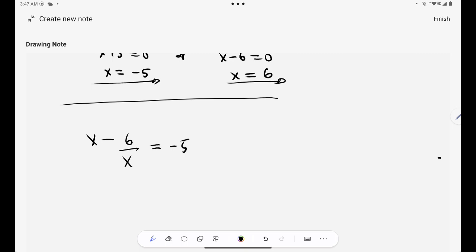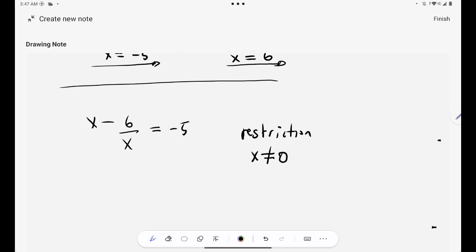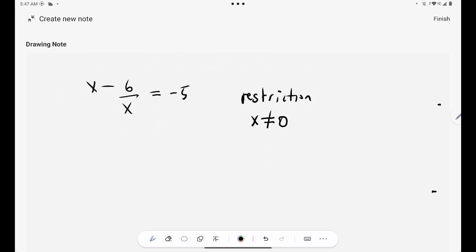So in my case, my denominator, right here, restriction, is x. So whenever I solve, that solution that I'll get, x must not be equal to 0. Are you together, guys?